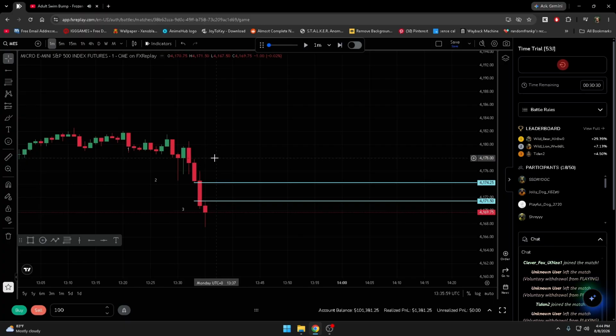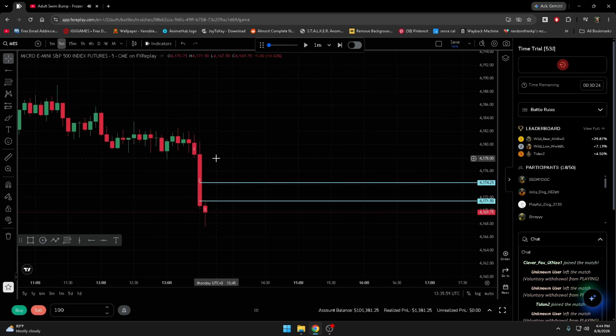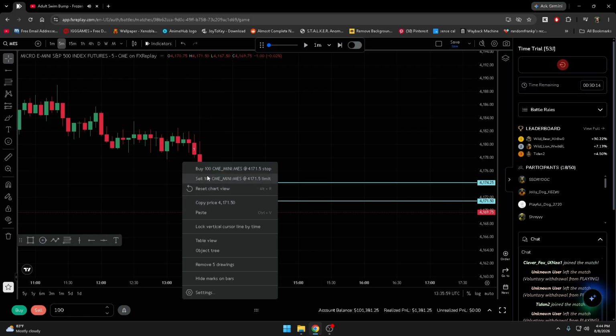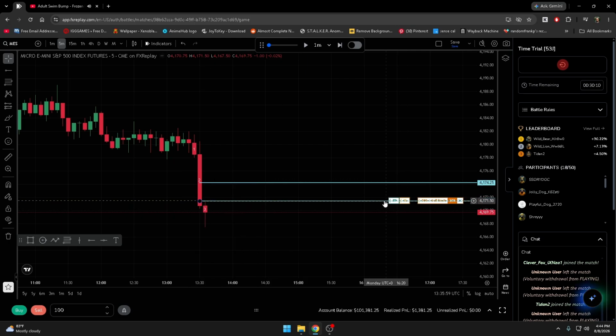I'm gonna put my stop loss right here. Like I said, we're just entering on the 1 minute again. Now let's enter on the 5 minute. My stop loss will be up here. Yeah, let's do it like that. So enter above here. We're selling, because this fair value gap is going downward.